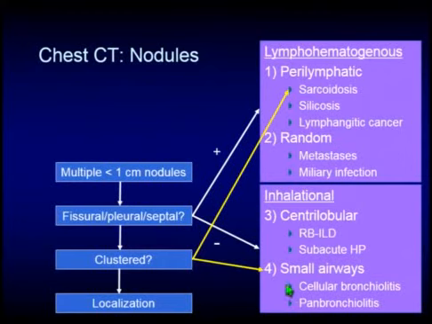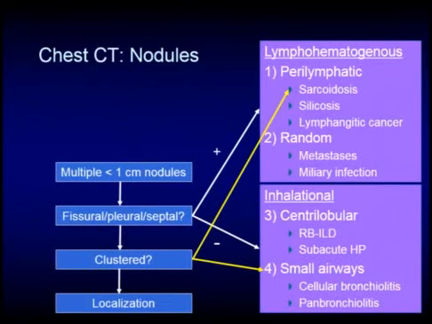If not, you may be dealing with a more inhalational process. Then the next question is, is there any clustering of these nodules? If they are involving lymphatic structures and clustering, you're talking about perilymphatic processes, primarily sarcoidosis. And if you're dealing with a more inhalational category, then you're dealing with small airways disease.